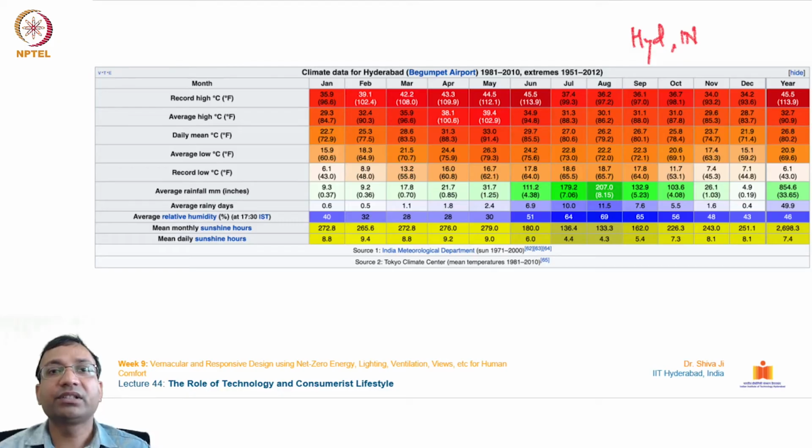With this it is very evident that most of the months in this place, Hyderabad, are in the warmer range. They are either red, dark red, or oranges, and then yellows. Very few are close to white or cream. That means a majority of the year is on the warmer and hotter side.